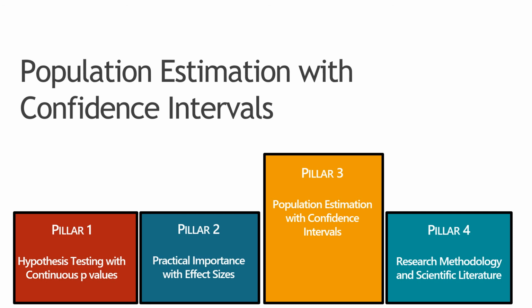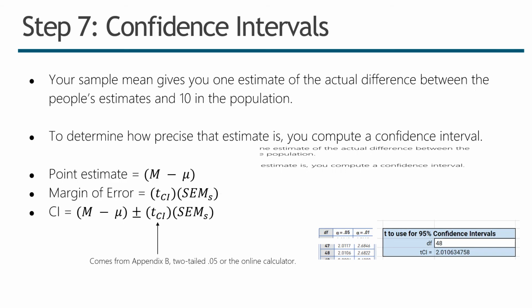Right, moving along to our third pillar. Our third pillar is population estimation with confidence intervals. So far we know our p-value tells us the probability that we get these results because of sampling error. The effect size gives us an estimate of the size of the difference. Now we also want to know how confident we should be in our estimates of the population parameters.